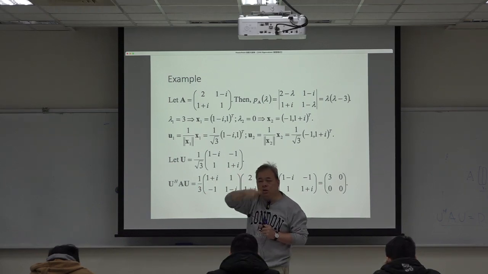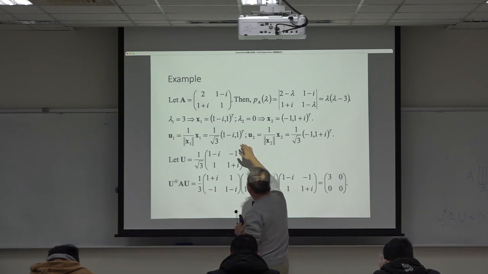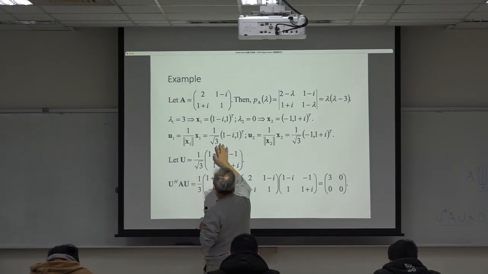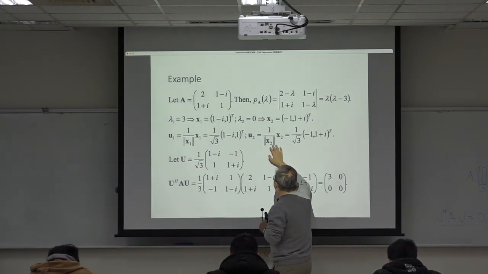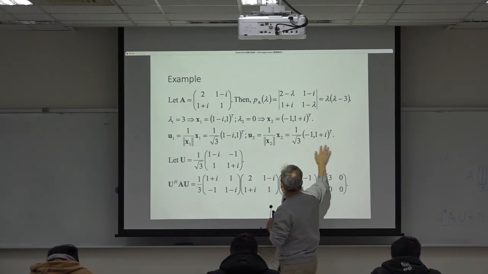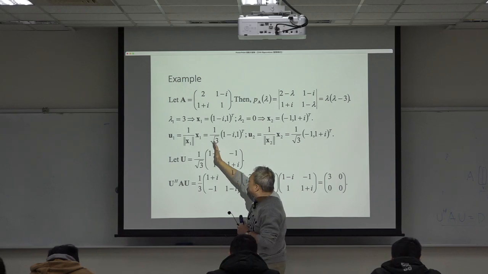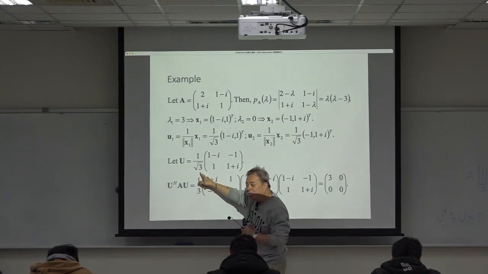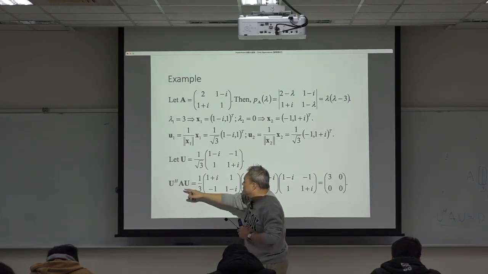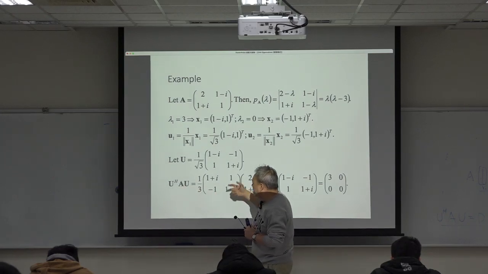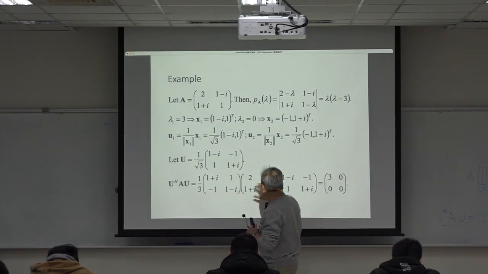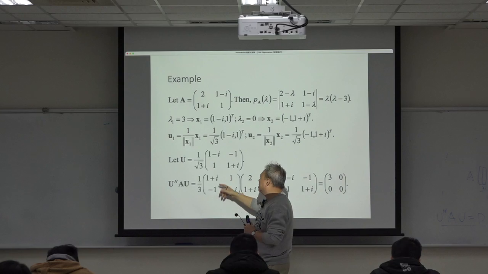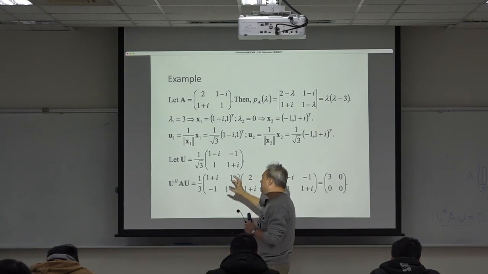Because we need to make a U, we divide x1 by its length. So it's like this. Same thing, we divide x2 by its length, so we get this one. So U will be the first eigenvector and the second eigenvector, each divided by its length. Okay, so this is U. Now UH AU: U is here, so for UH you just conjugate and then transpose.